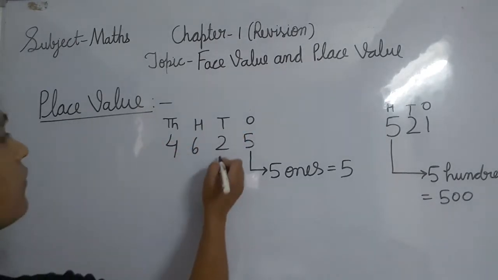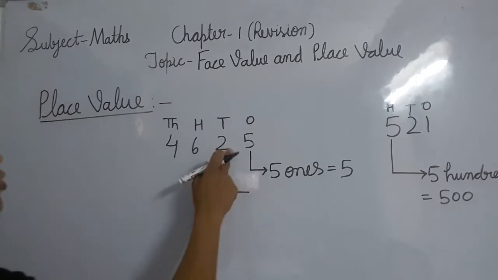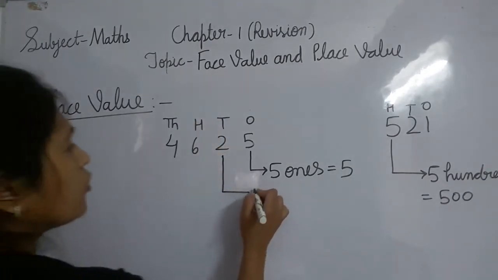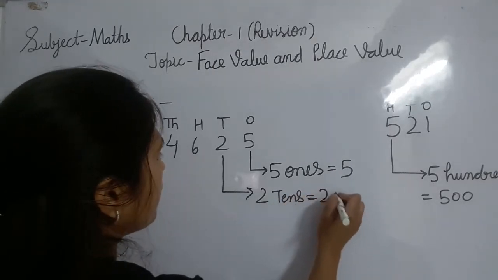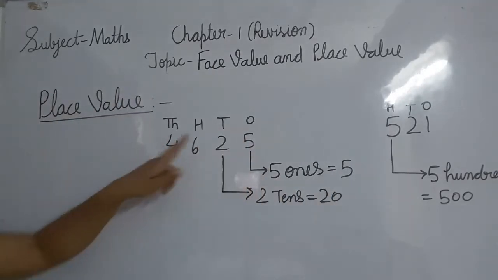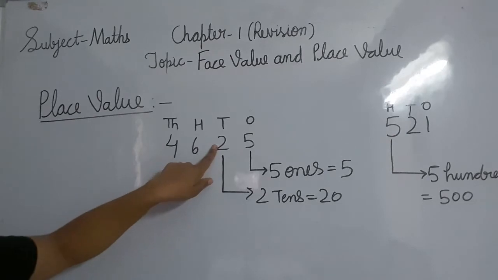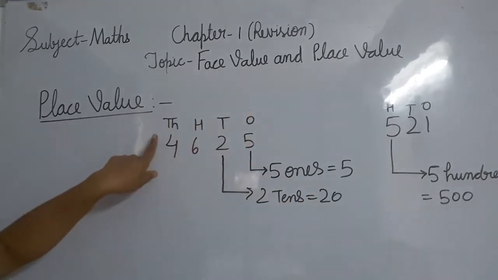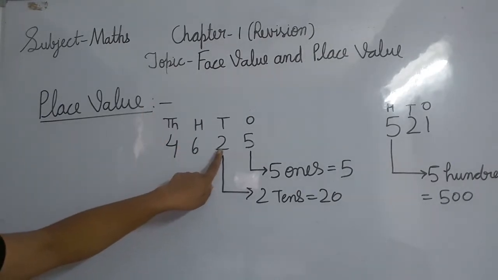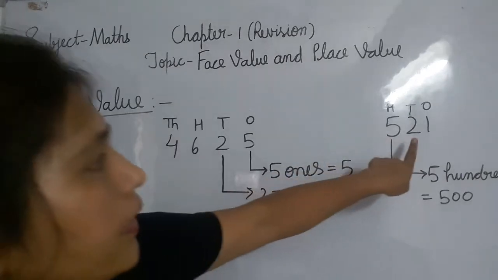So here if I am talking about 2, it is 2 tens. What is the meaning of 2 tens? 20. 2 is in the tens place, so the place value of 2 is 20 here, in this number only. But the face value of 2 is always 2, here also and here also.